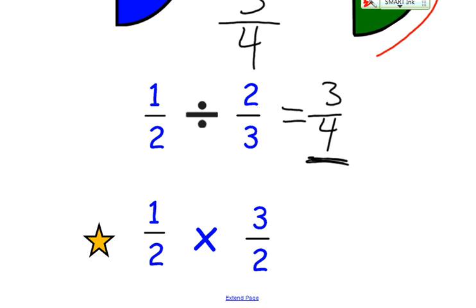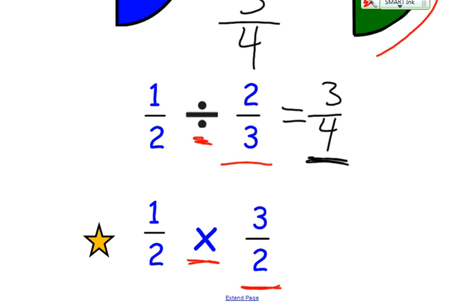Here's a fundamental rule that we want to follow. When we divide by a fraction, we're actually going to multiply by its reciprocal. Now you say, well, that just sounds really confusing, but let's actually do it. All right, let's do the math.